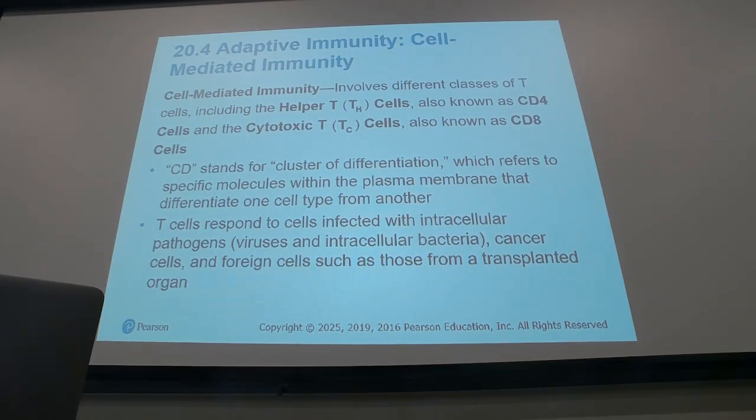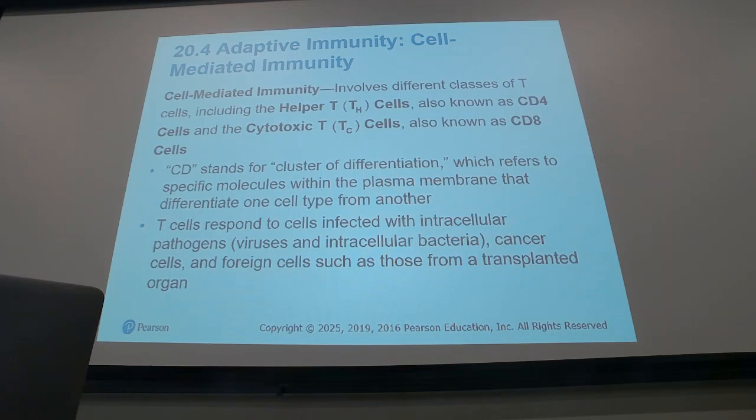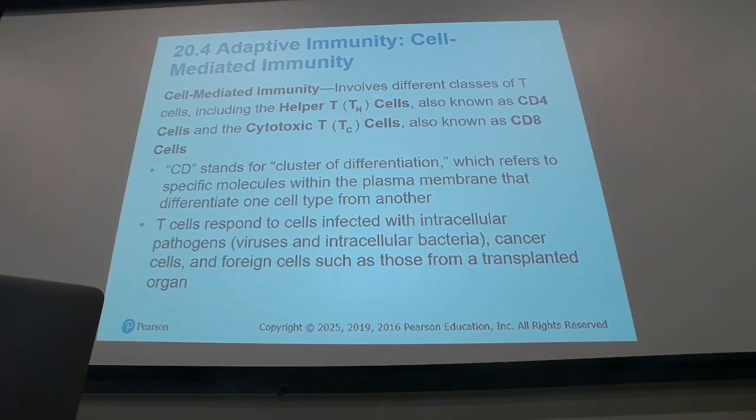Now, T cells are part of the cell-mediated immunity, while B cells are part of the humoral-mediated immunity. So we have a subset of T cells. We have CD4 plus or helper T cells, and we have CD8 plus or TC cells, cytotoxic cells.